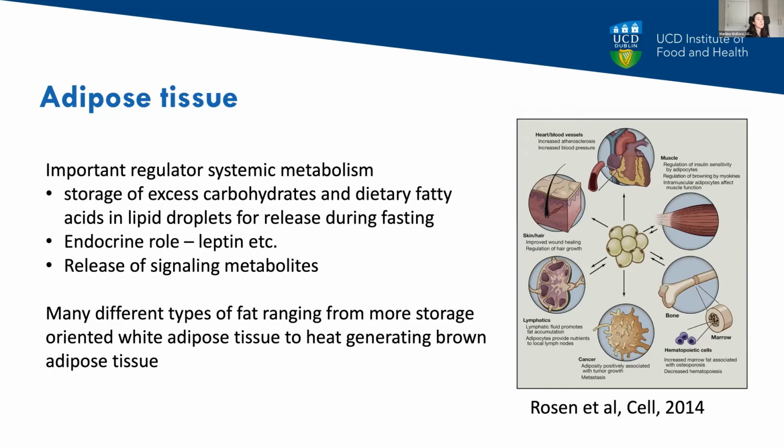What's emerging now is that different adipose depots can release signaling metabolites that impact the function of tissues around them. And of course, there are many different types of fat, ranging from the more storage-oriented white adipose tissue to the more mitochondrially active, heat-generating brown adipose tissue.